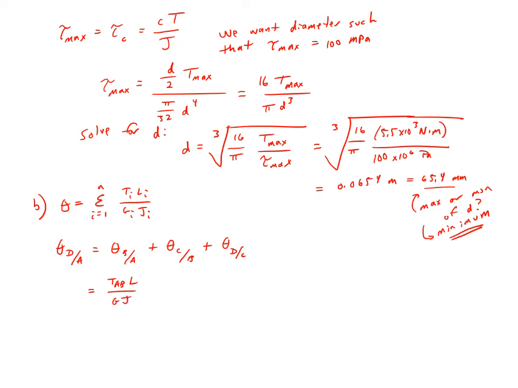L, G, and J are the same for all three of our sections here, so really the only thing that's changing is the torque. So I'll just pull the LGJ out to the front, and I'll have torque AB plus torque BC plus torque CD.